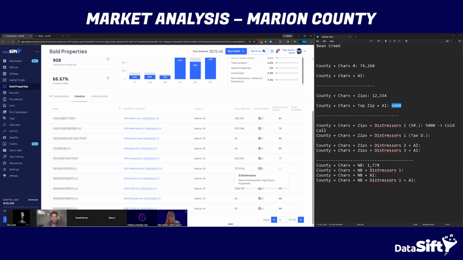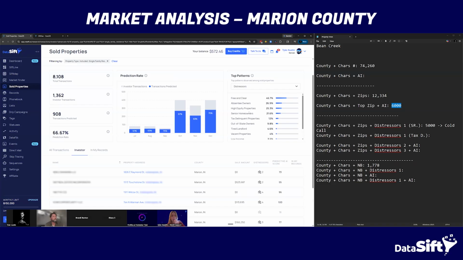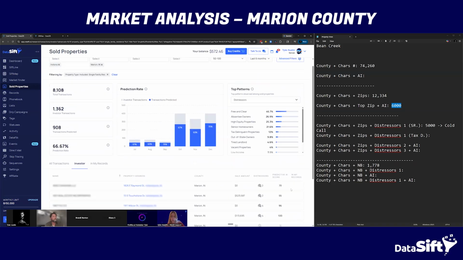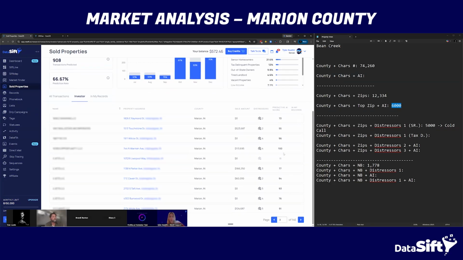And so it never even went through probate, right? These things happen. Not everybody's in a position where they're supposed to sell to an investor. The reason why investors buy properties oftentimes is because there's something going on. And we use 1,800 data points in order to understand the likelihood that that person is going to sell to an investor. So no, not everyone's going to have a high AI score. But I will say most of these ones in this county got high AI scores.